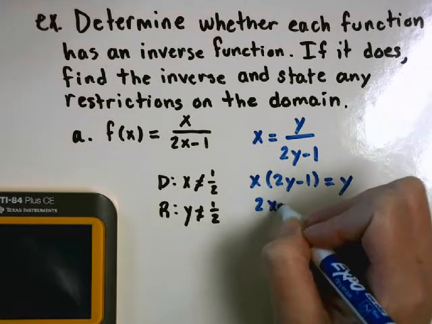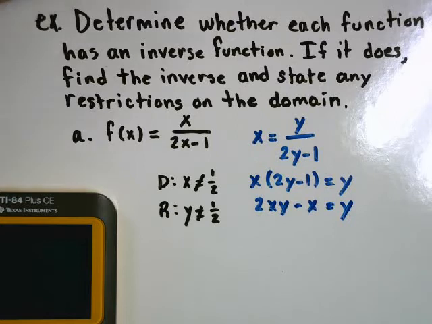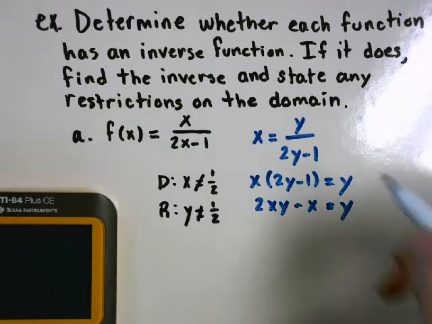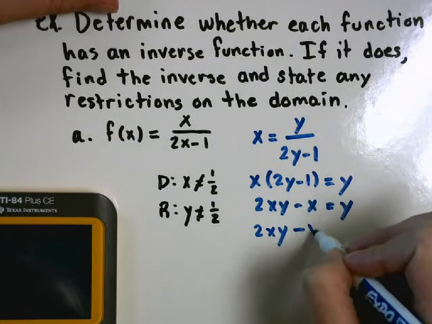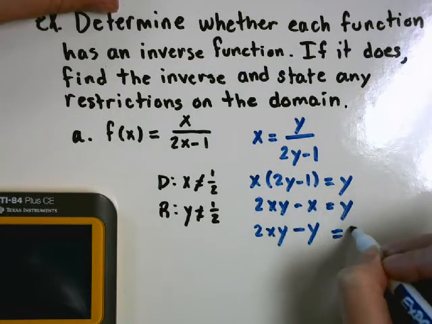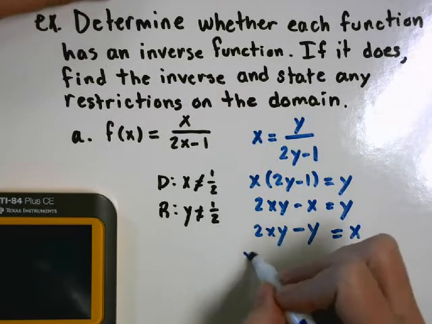So 2xy minus x equals y. I'm going to move everything that has a y to one side and everything that doesn't to the other side. So I'm going to subtract a y and I'm going to add that x over. Now I can factor out a y.